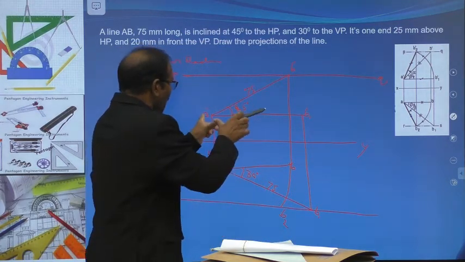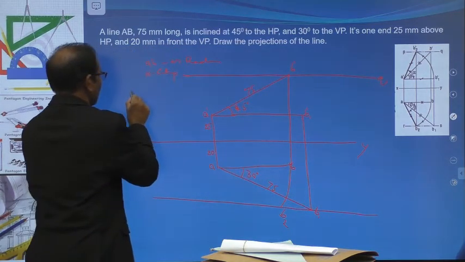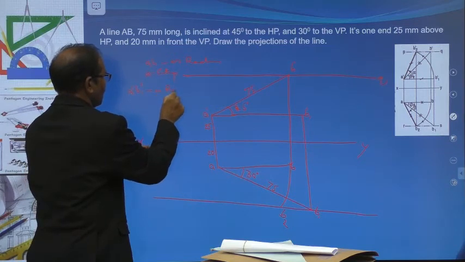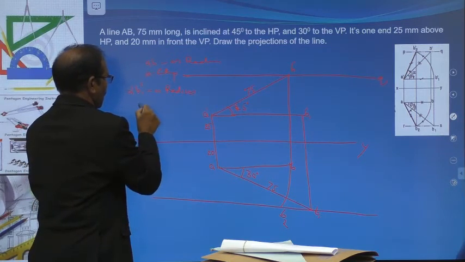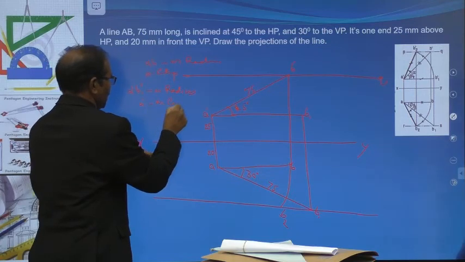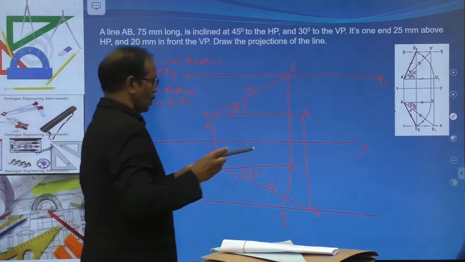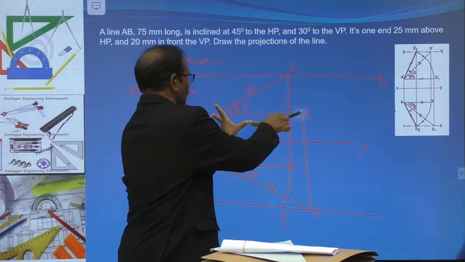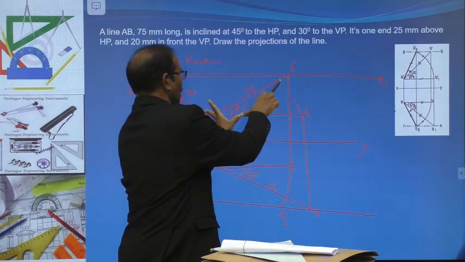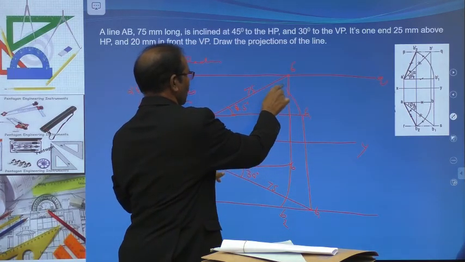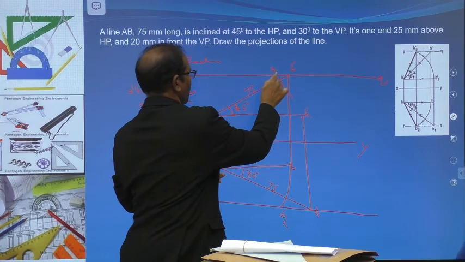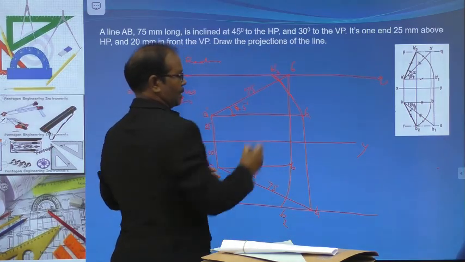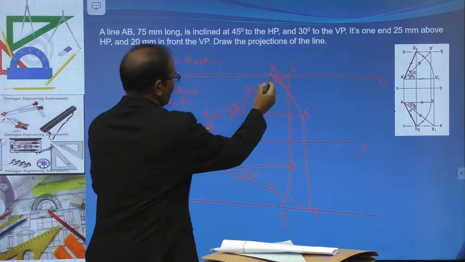Similarly, with A dash as center and A dash B1 dash as radius, rotate. This is B2 dash. Now this is the final B2 dash, and this is the final front view.